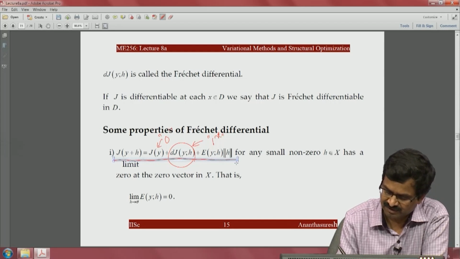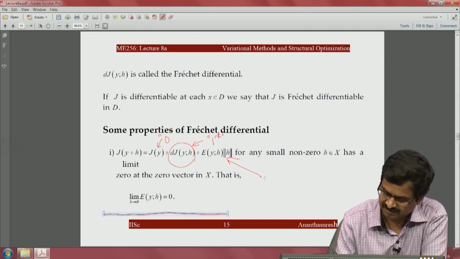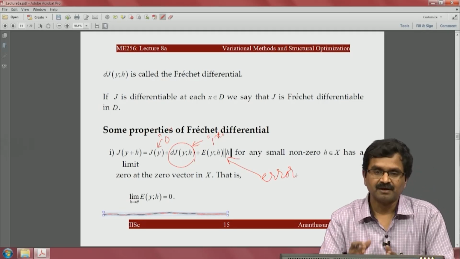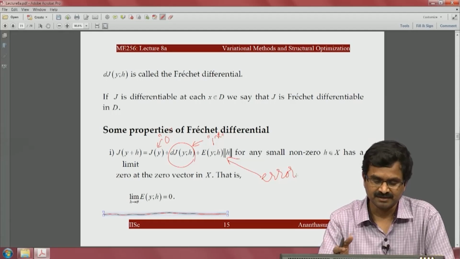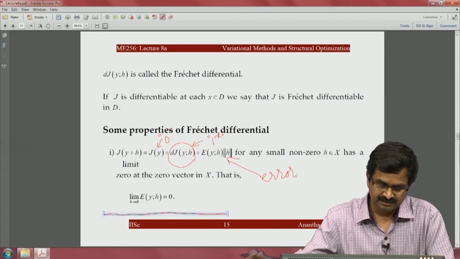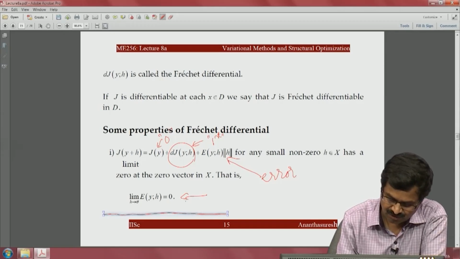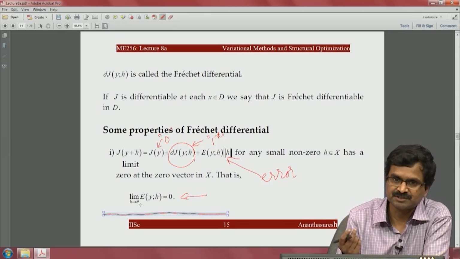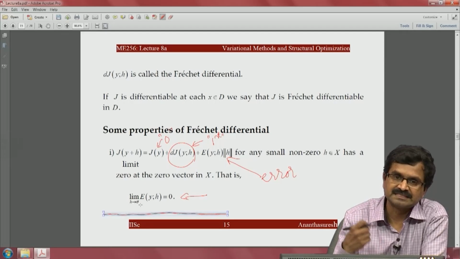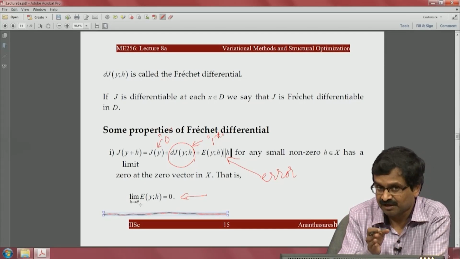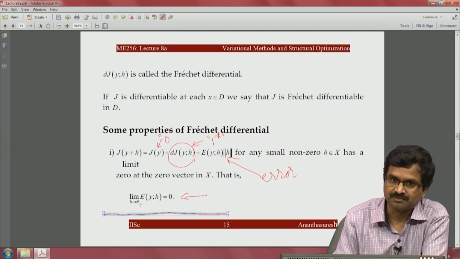So, the third one, this third one, is the error, like a Taylor series expansion equivalent here, that is the Frechet differential. And this error tends to 0 as h tends to theta. Theta here is the null function. Every function space will have a null function like a 0 function. When this h, that is arbitrary, tends to the null function, this error tends to 0. That is what this says.